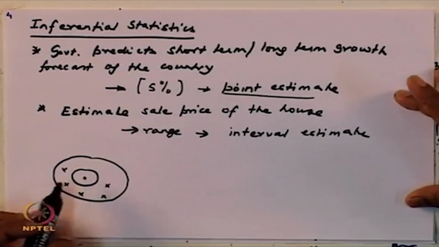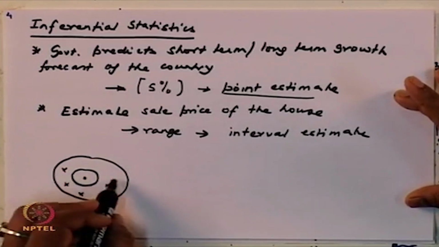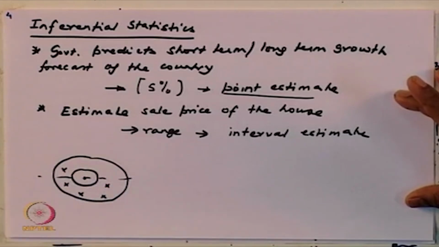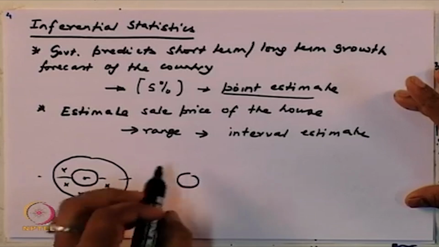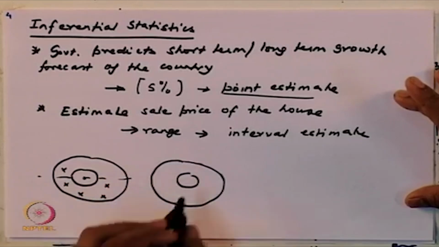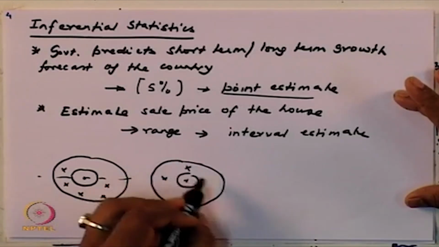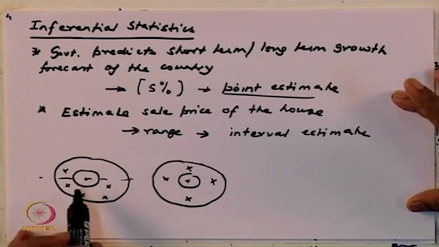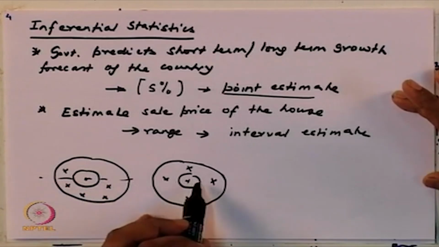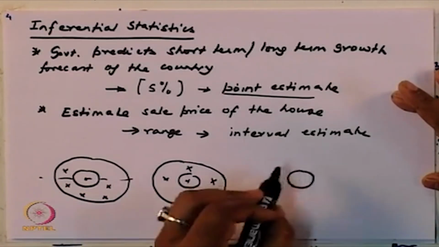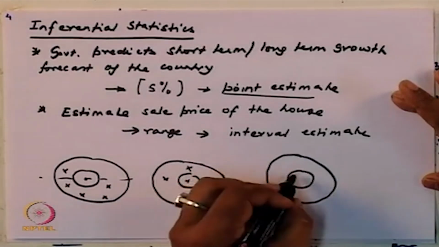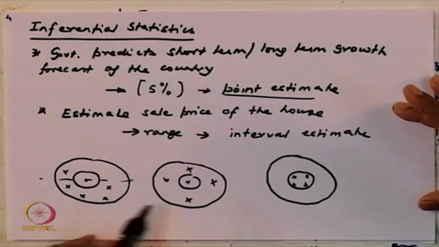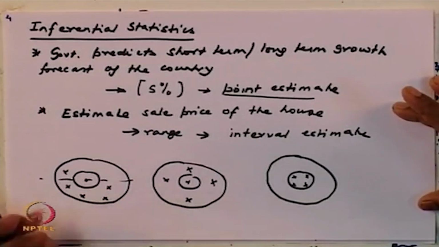Here you see that these values are mostly below this axis. Or you can have a situation where you have points which are all over the place. Or let us take another case, where the points are here. So how do we discriminate between these three cases?